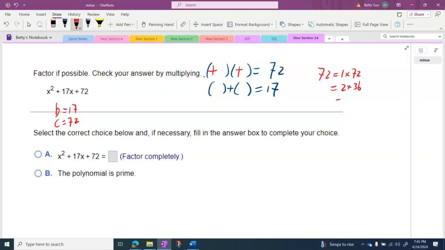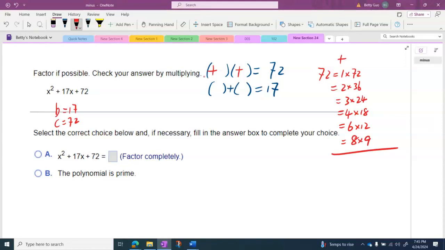2 times 36, 3 times 24, 4 times 18, 6 times 12, 7 doesn't work, 8 times 9.